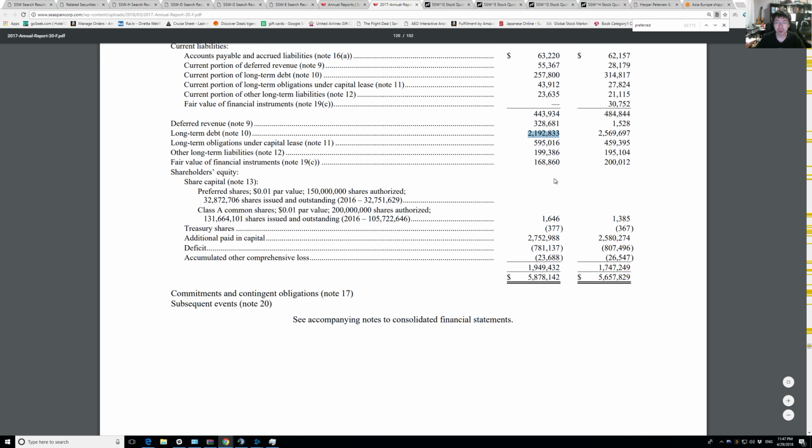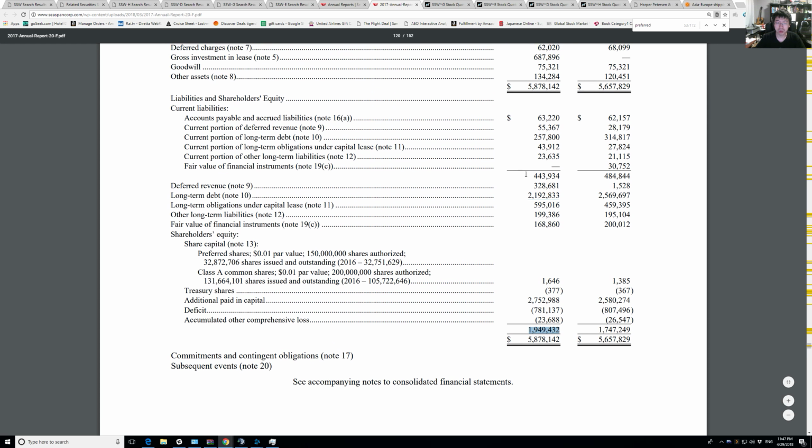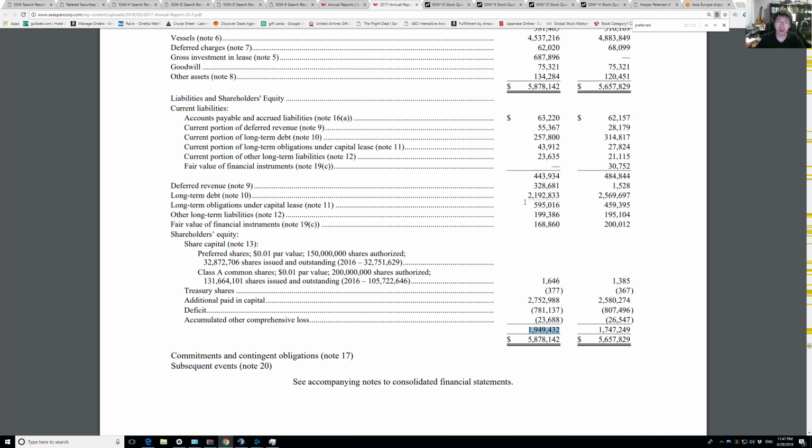And then if you do the subtraction, the shareholders' equity is about $1.9 billion.